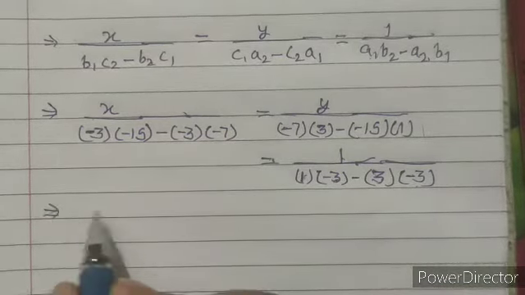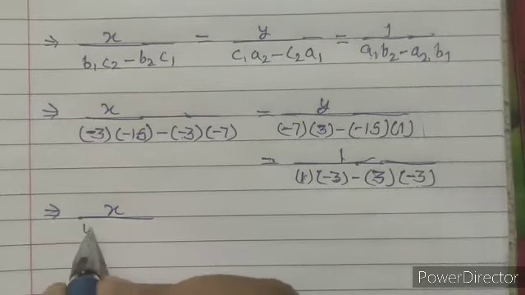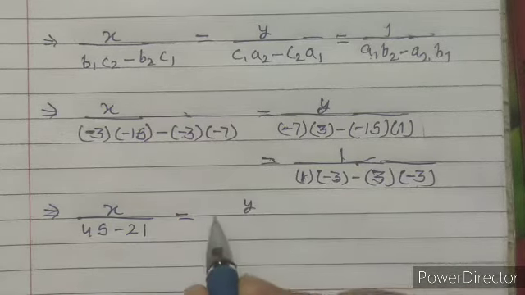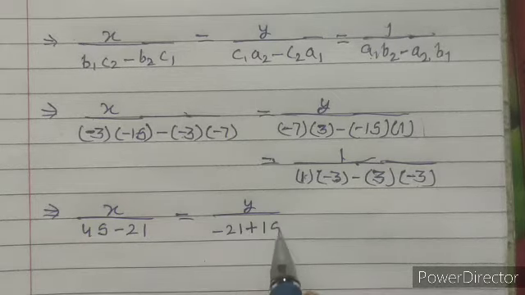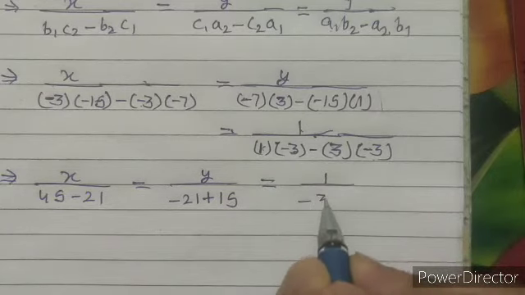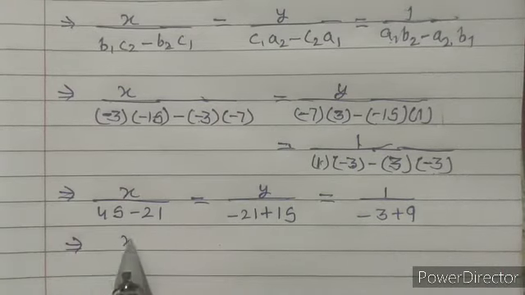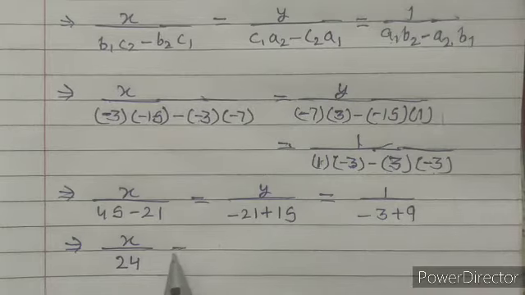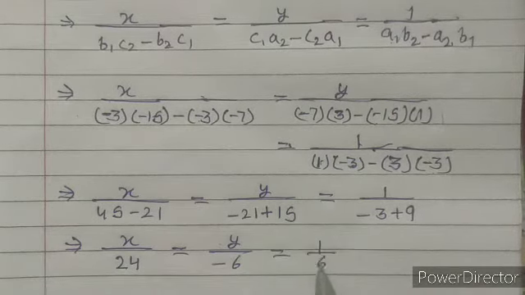Now on solving these, we will get x upon 45 minus 21 equal to y upon minus 21 minus, minus will be plus, that will be 15, and that equal to 1 upon minus 3 plus 9. Now this will give us x upon 24 equal to y upon minus 6 equal to 1 upon 6.